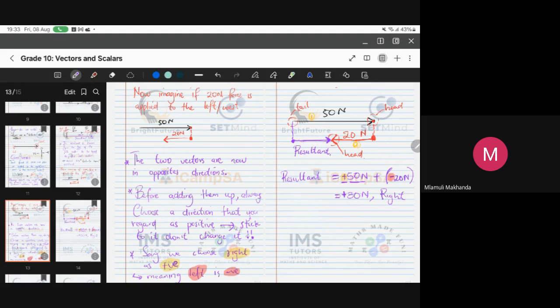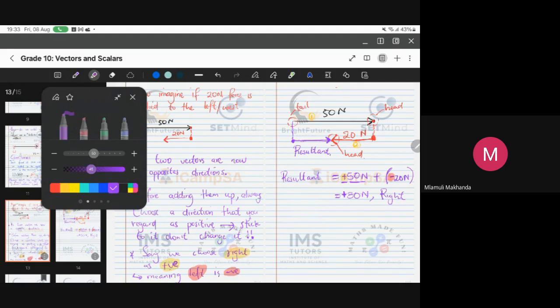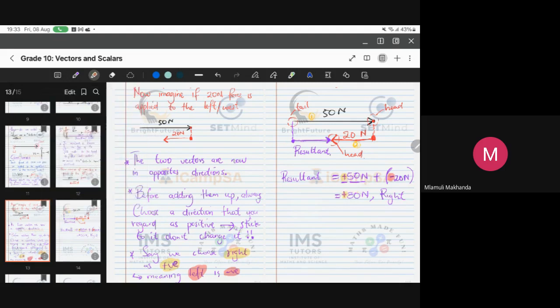Remember, we chose right as positive. Therefore, since this answer is positive, it means our thing is going to the right. Good. That's what it means. So this is how you do vectors in general.